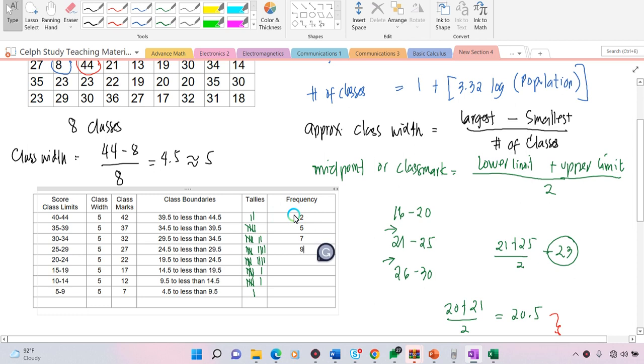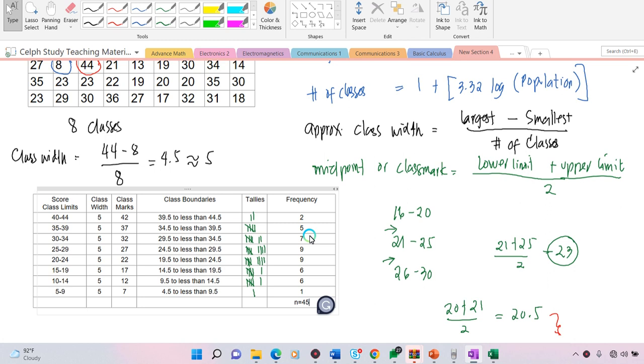This is 9, 9, 6, 6, and 1. So you can check if your total number is equal to 45. Okay, so n should be equal to 45. What is left is to put these in our frequency distribution table.